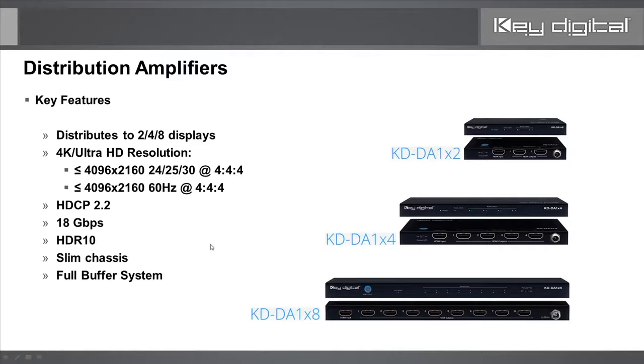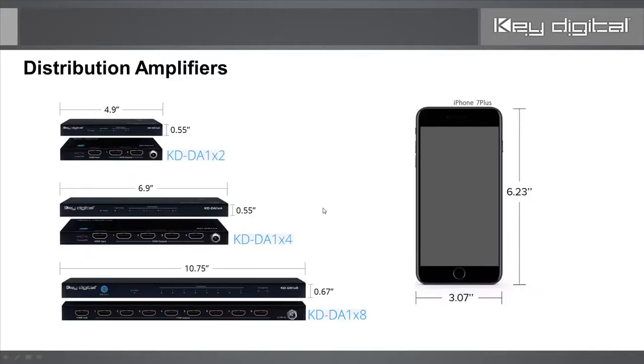They're an extremely slim chassis and support the full buffer system for handshaking control, HDCP authentication, TMDS reclocking, and hot plug detection may be forced. So we look at the slim chassis of these devices to put it into perspective. We put it side by side with an iPhone 7 Plus.